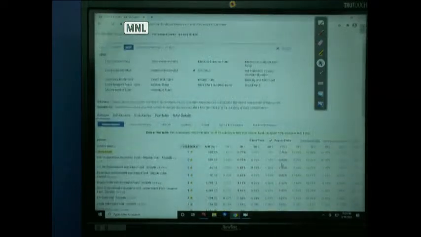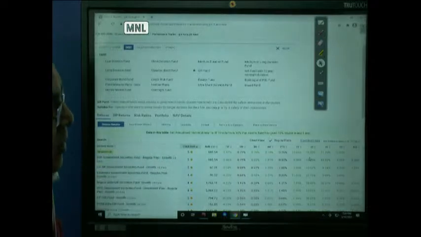So these are gilt fund returns. Here if you see over a period of 1, 2, 3, 5 years, some of them have done 10%, 12%, 11%, 10.24%. And DSP Government Securities Fund has done very well.